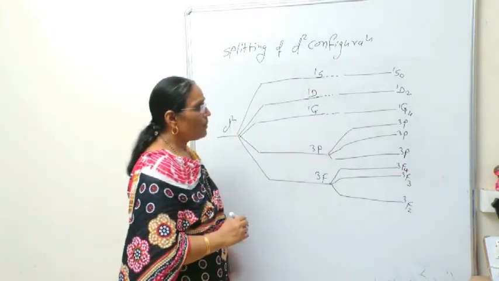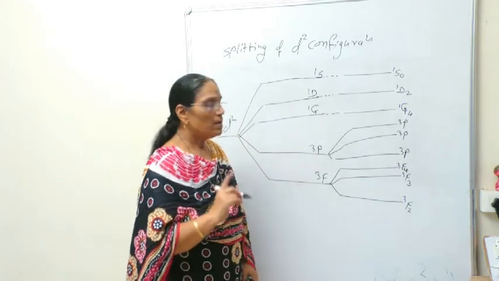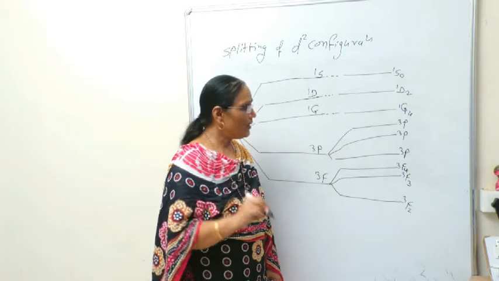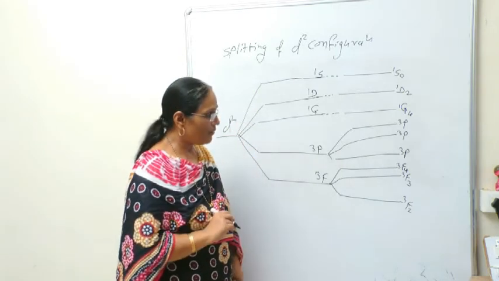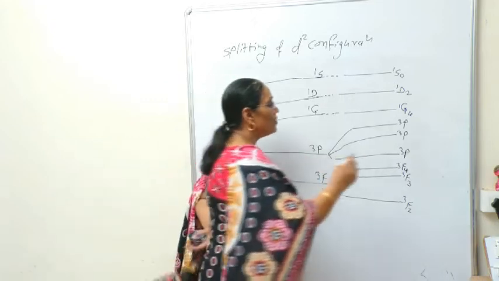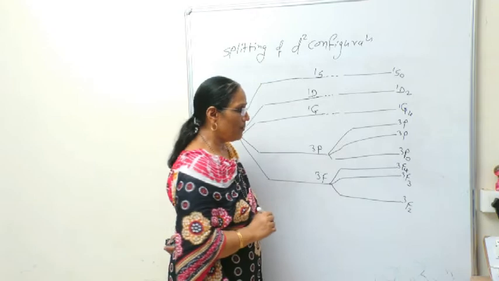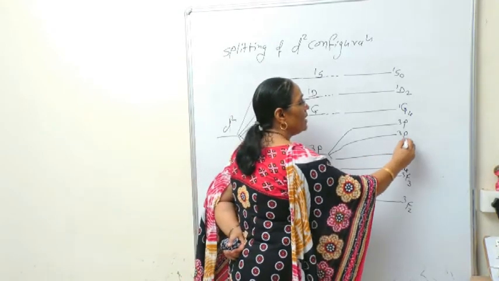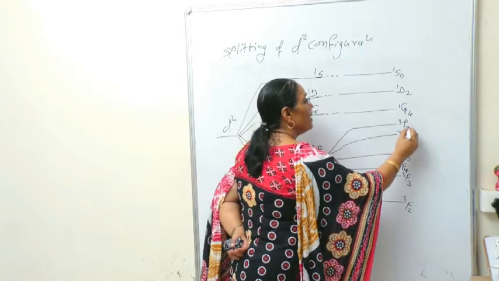Similarly, for triplet P, we have obtained 3 J values, that is 0, 1 and 2. As again the d2 configuration is less than half full, the 0 J value will be at lowest energy. Therefore, triplet P0 will be followed by triplet P1, followed by triplet P2.